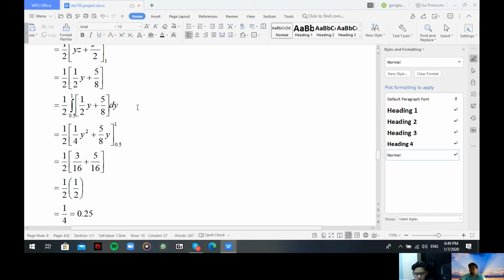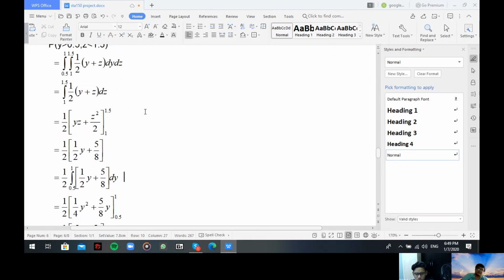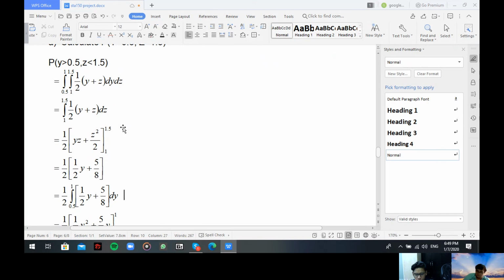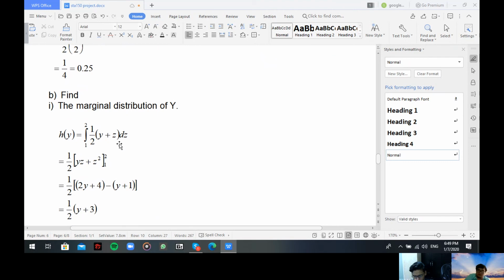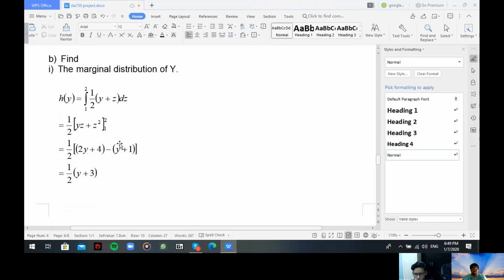Okay, you just need to master the double integration. My advice is you need to do it one by one. If you do it all together, there will be a mistake, and it is hard to find it.